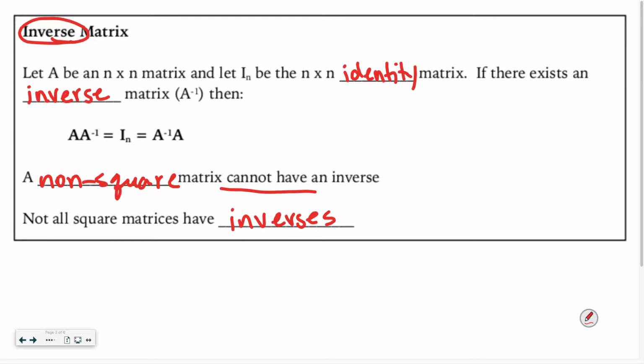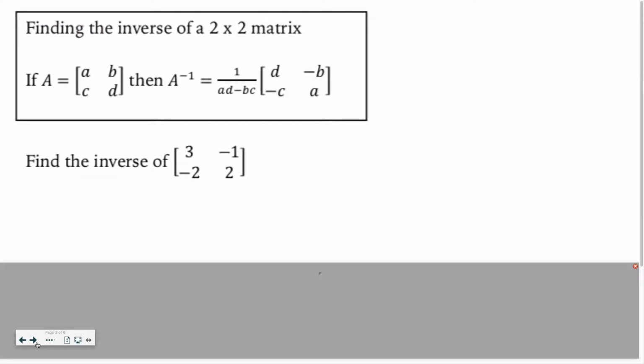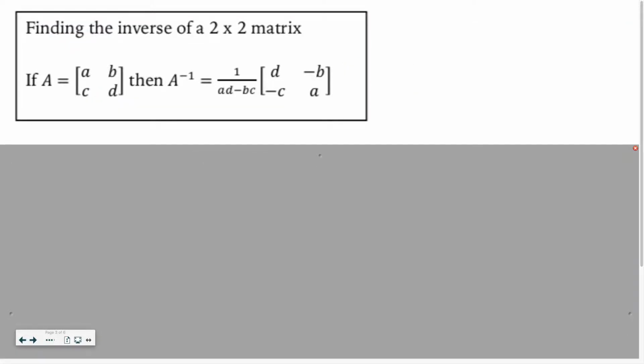So you have a formula right below that. This is how we find the inverse of a 2 by 2 matrix. So notice how we have a matrix with entries A, B, C, D. This right here, AD minus BC. What I want you to notice is how those are paired up. A gets multiplied to D, and B gets multiplied to C. So we kind of make like a crisscross pattern, would you agree?